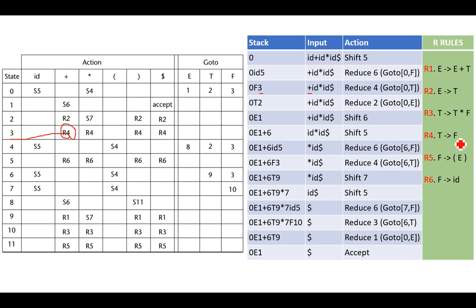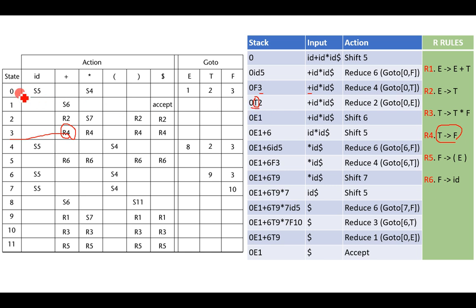Rule 4 tells us that F actually was produced by T. So it means remove F from the stack and replace it with T. Next thing, we need a state. As usual, we go to the go-to table with 0 and T. With 0 and T.